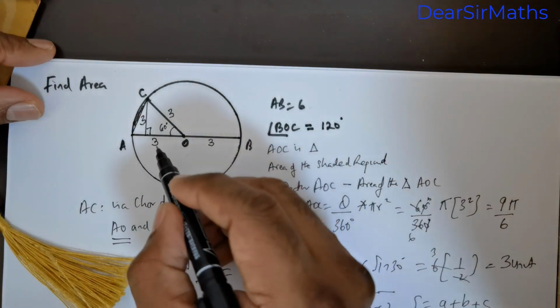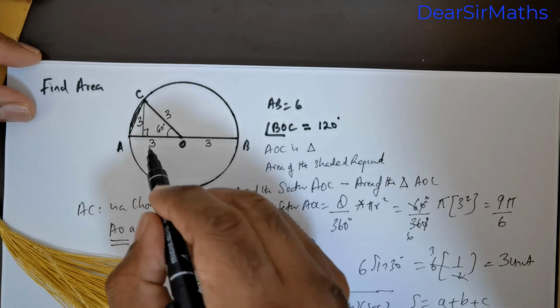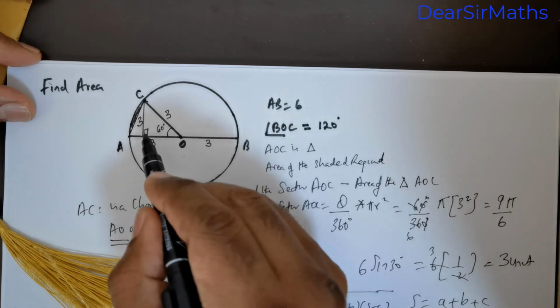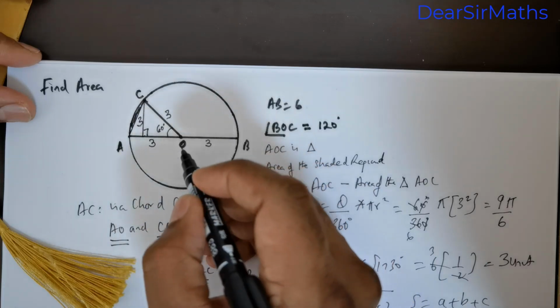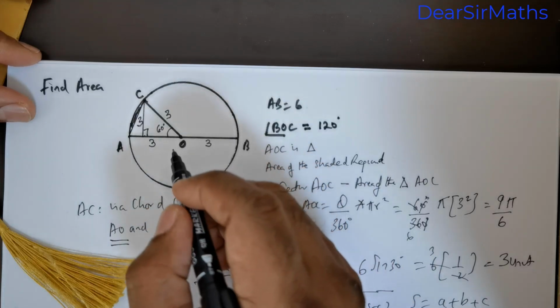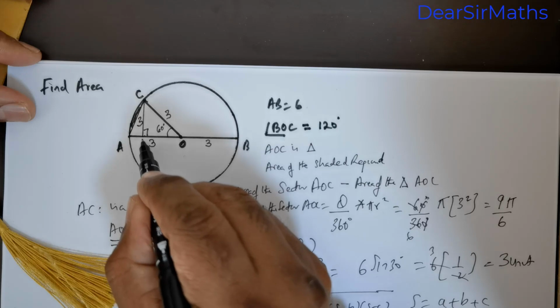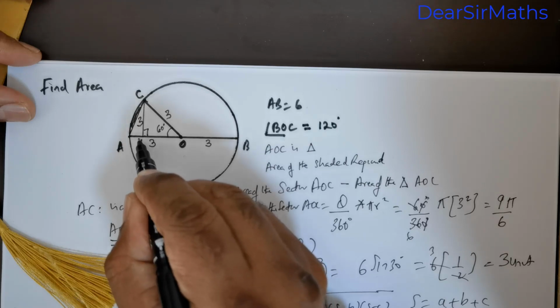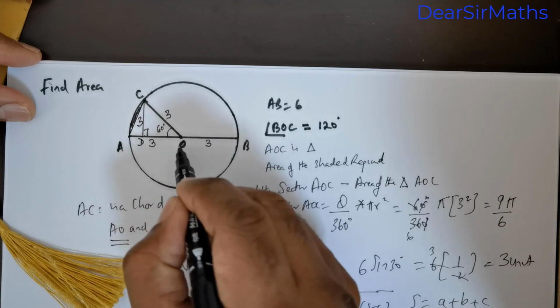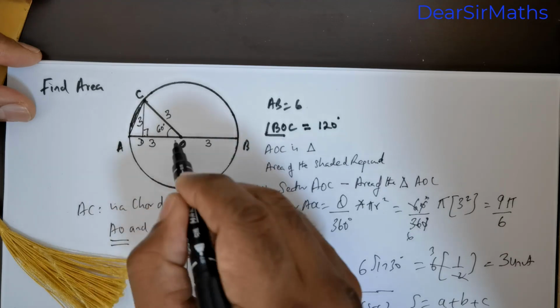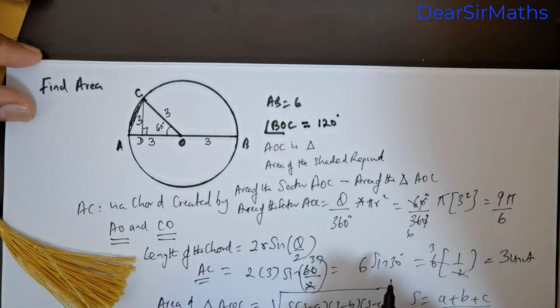Now in this case we will have to apply the Pythagoras and we will have to extract, but apparently for that we again need to know, say for example if this point is D, then we again need to know what is the size of DO or OD. So that again stretches the problem.